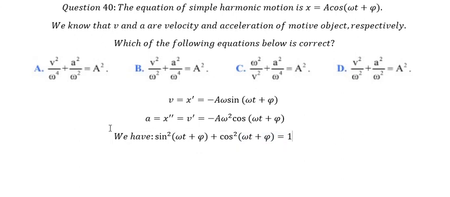So we will use this formula to find the A power 2 outside, because if you put the A and eliminate the omega, you can get A power 2 at the end, just like in the question here.